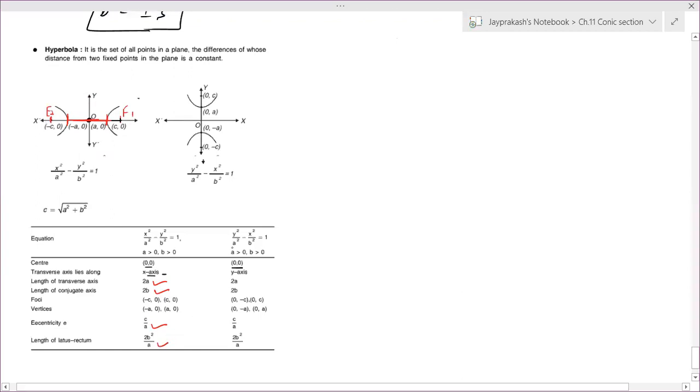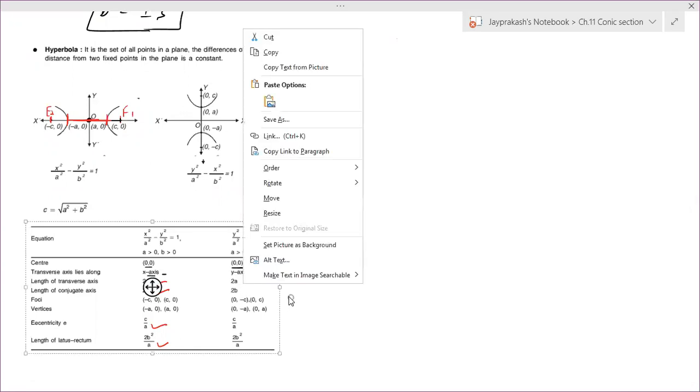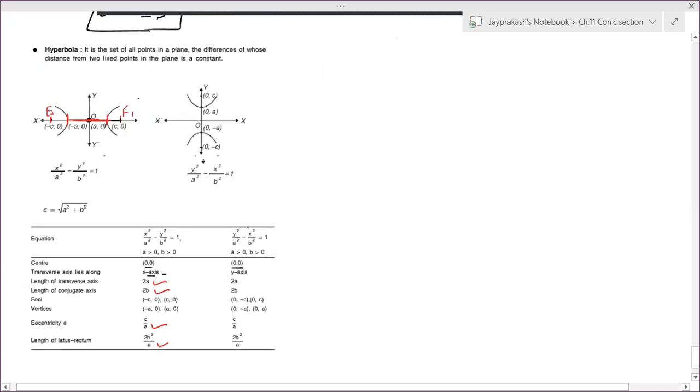Now if we discuss the y-axis case, then the length of the transversal axis is also 2a, but this time a square is in the denominator of y square. Your foci and the vertices will change because we are shifting to the y-axis.